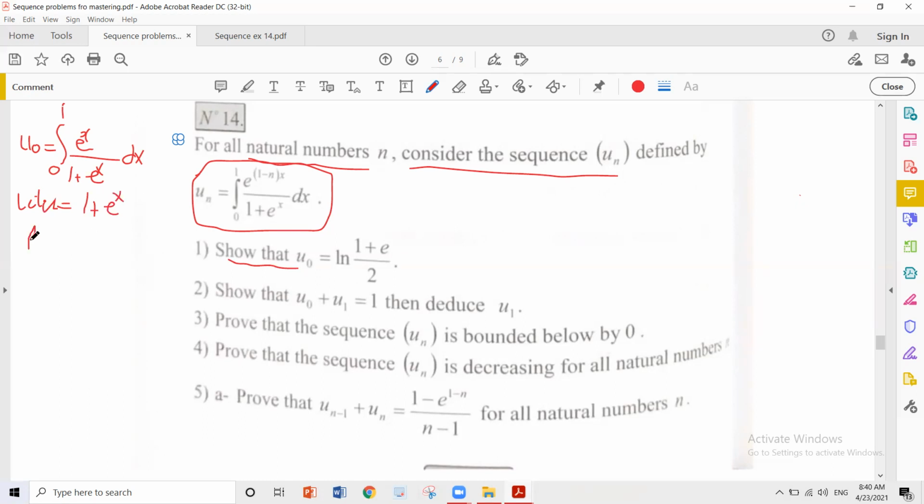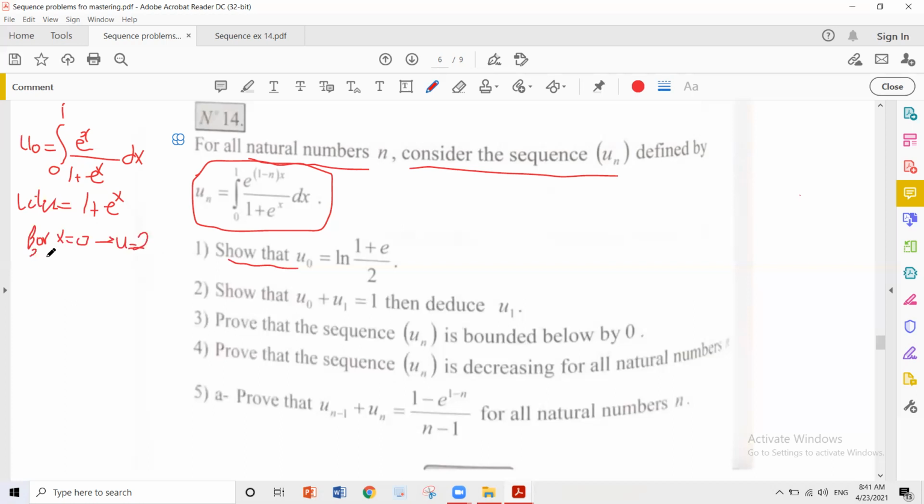We change the bounds. For x equal 0, u is how much? 1 plus e to the 0, u equals 2.